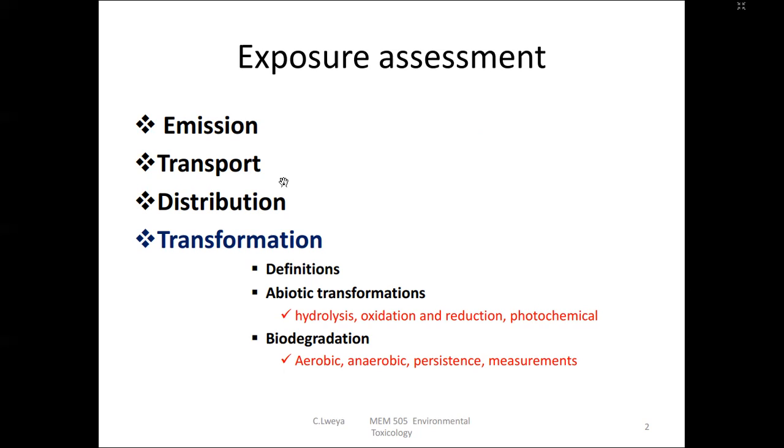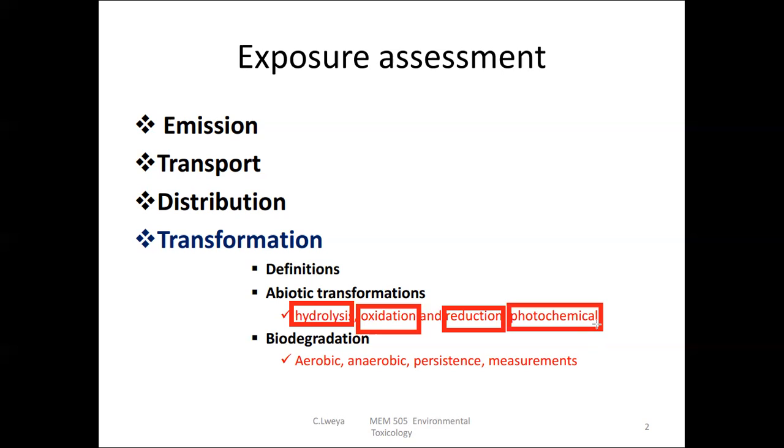Number 1, hydrolysis, the first process. Then the second one is oxidation. The third one is reduction, and the fourth one is photochemical transformation. So these are the 4 processes that we need to talk about if we are to handle that question in the way it came.